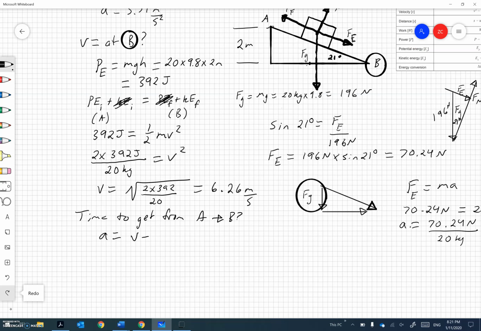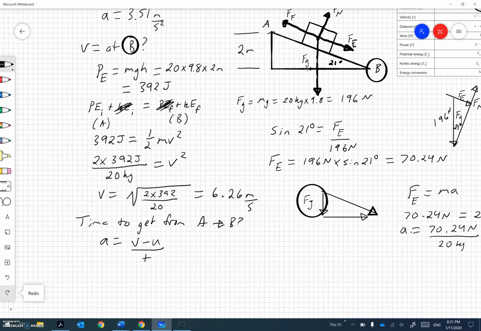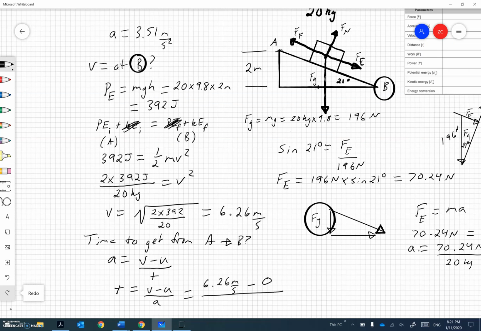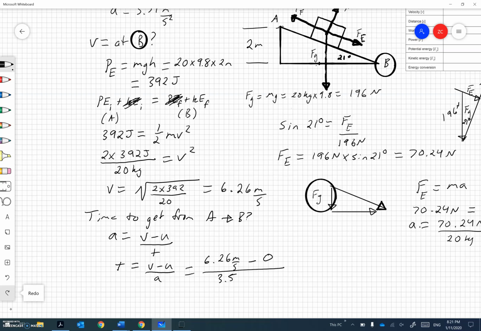Acceleration is equal to final velocity, take initial velocity, over time. We know initial velocity, we know acceleration, and we know final velocity. So we can plug that in. So let's rearrange. Time is equal to final velocity, take initial velocity, over A. So we have 6.26 meters per second, take initial velocity of 0, divided by our acceleration, which was 3.51 meters per second squared.